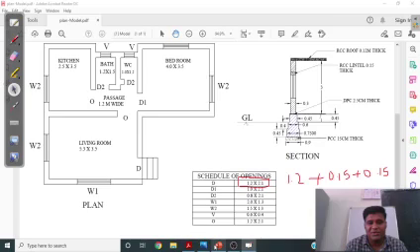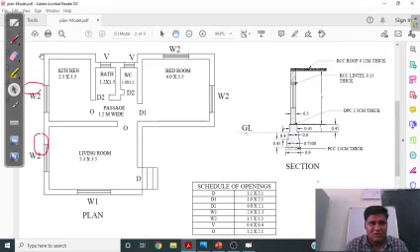In the same manner, let us take one more. W2, there are 4 windows: 1, 2, 3 and 4. The length of the window W2 is 1.5.